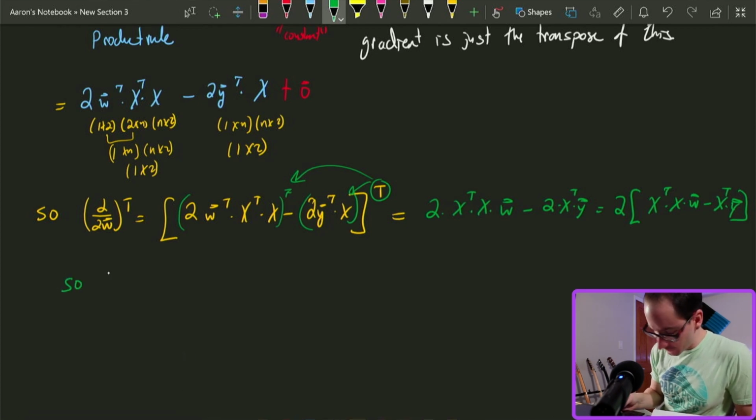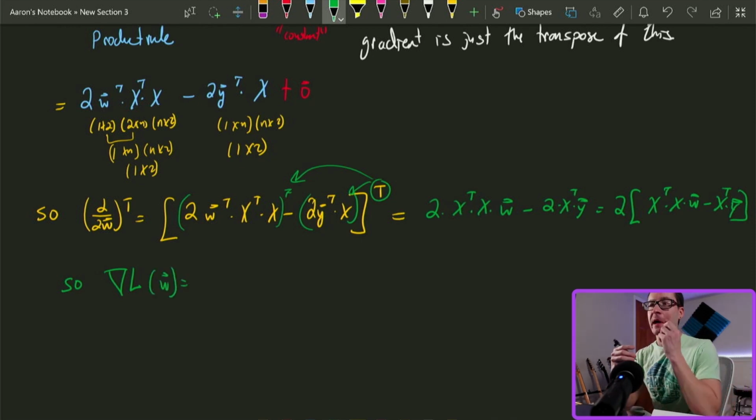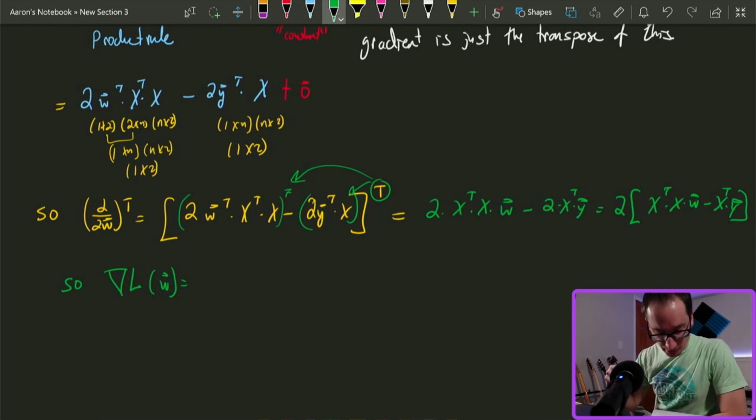So the gradient, remember our gradient symbol for L, the gradient of L, the only thing that's missing is that constant factor of 1 over n that gives us the mean square error.